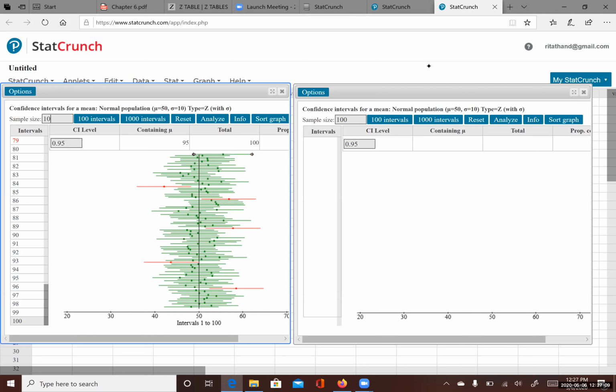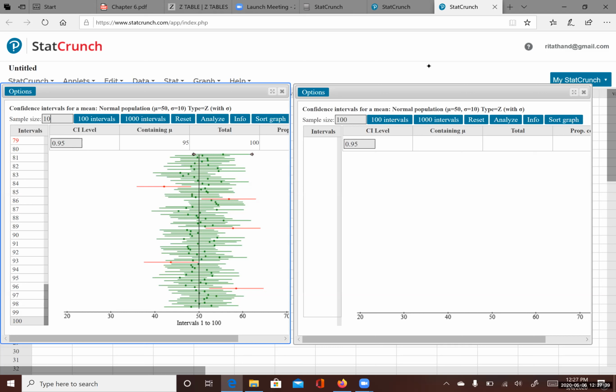But if you collect 100 random samples with the same size and calculate 100 confidence intervals, then you can say that about 95 out of 100 confidence intervals would capture the population mean. Again, this is a simulation for a confidence interval for a mean when the sample size is 10.